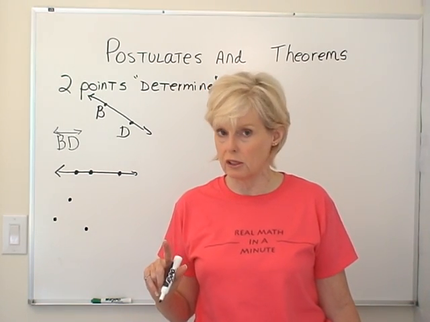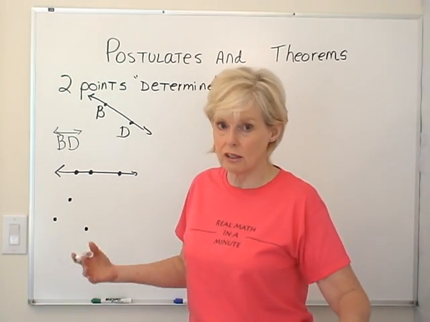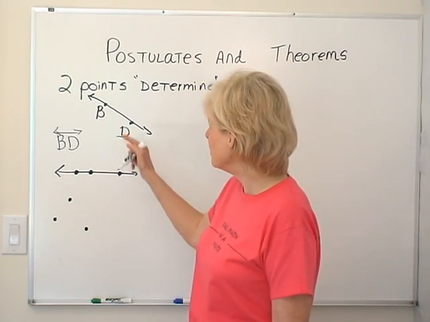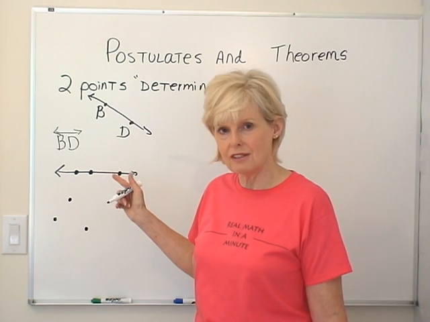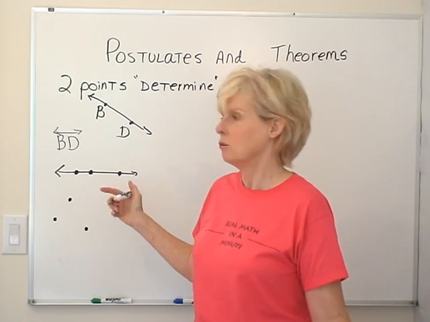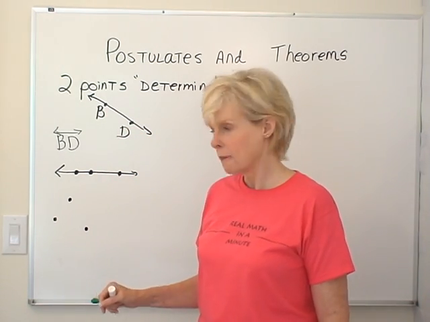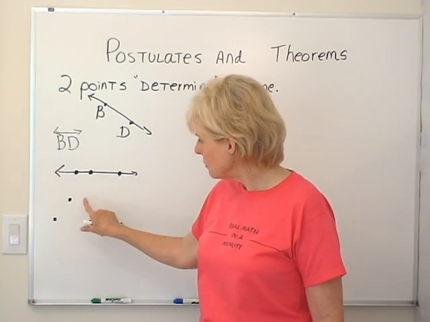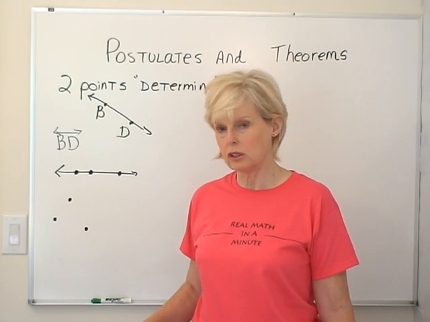They would not determine a line. So that is why we can't say 3 points determine a line, or certainly not 4. But any 2 points in the entire world will determine a line. Any 3 points might, but then 3 points this way would not.